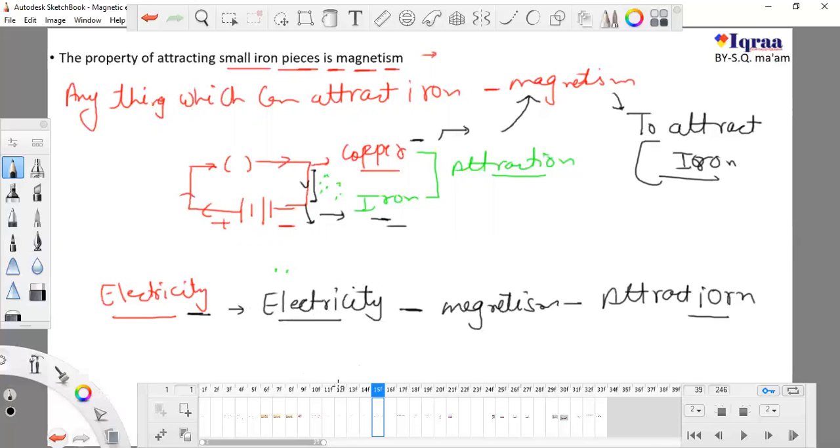This is a very simple question. The magnetism which is created by electricity, or gained by electricity, or produced by electricity, can't we say this is electromagnetism? We can say this is electromagnetism.